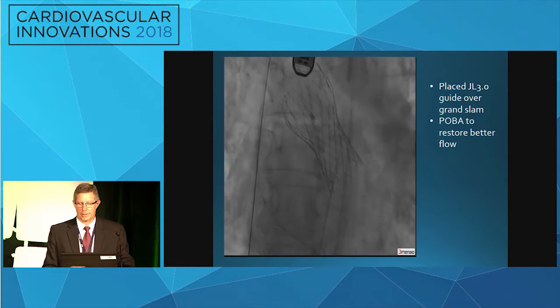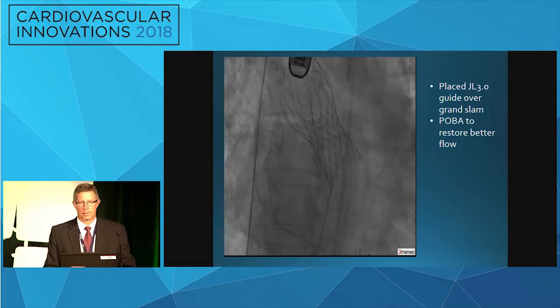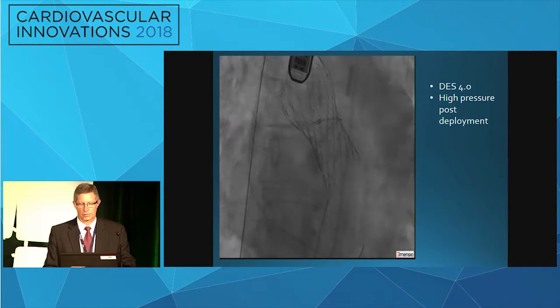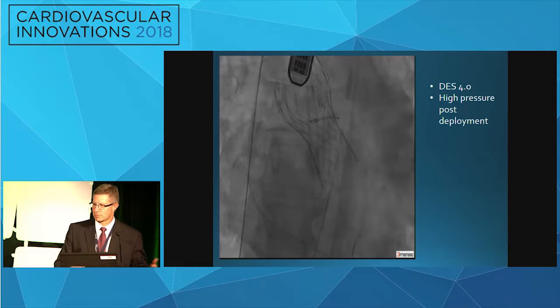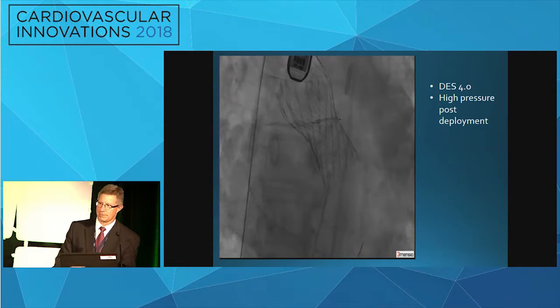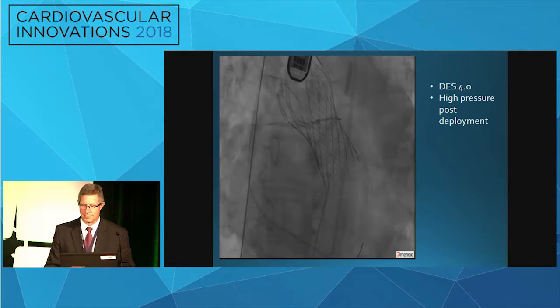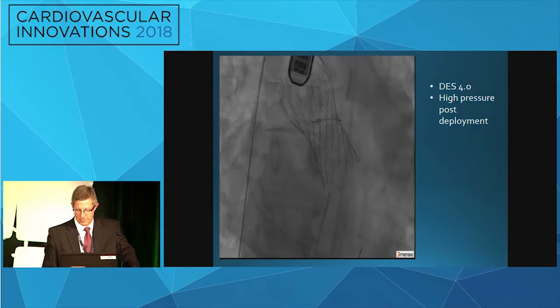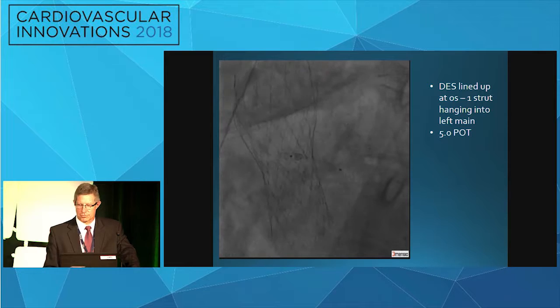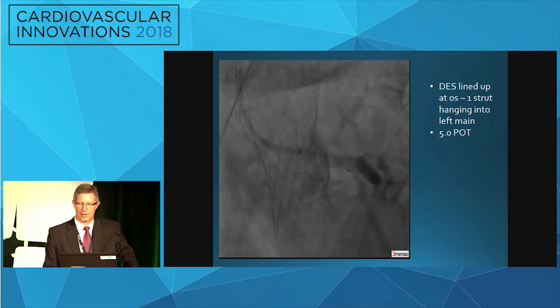So finally, a 3.0 balloon was placed over the Grand Slam. POBA was done to better restore flow, and then a 4.0 drug-eluting stent was placed at high pressure. And again, at this point in time, I really didn't know if I should try to snorkel part of the stent, or land it perfectly on the other side. So I just kind of did whatever I felt like and put a drug-eluting stent, lined up where I thought the os was.